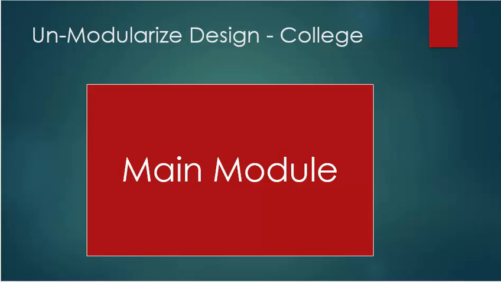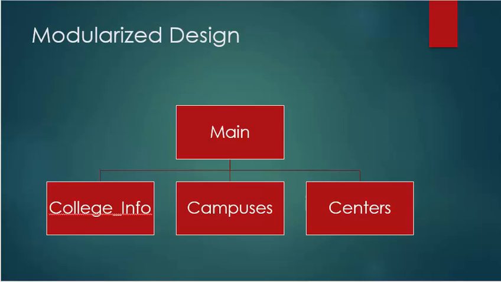So now let's look at it: if we modularize this code, we may end up creating some modules which will be controlled, maintained and managed by main. We have a module that is about college information. We have a module that only tells us about the campuses. And then there is a module that tells us about the technology centers.